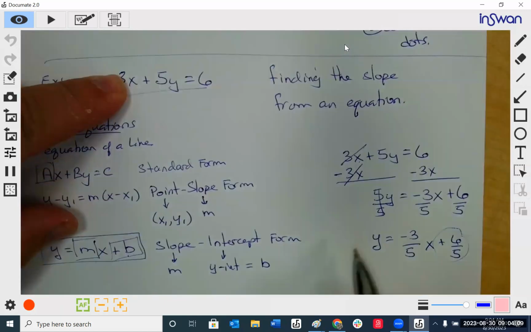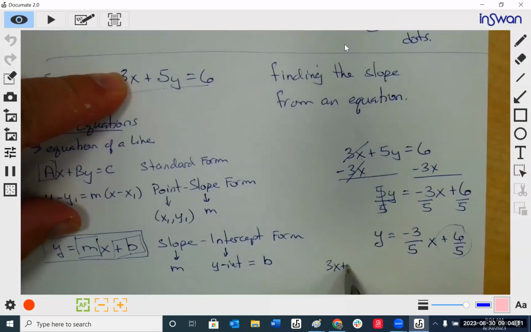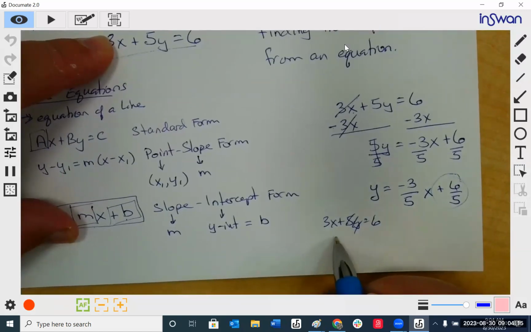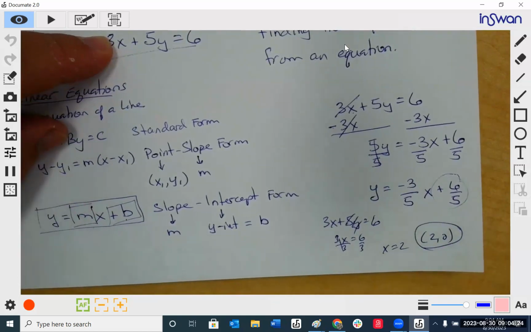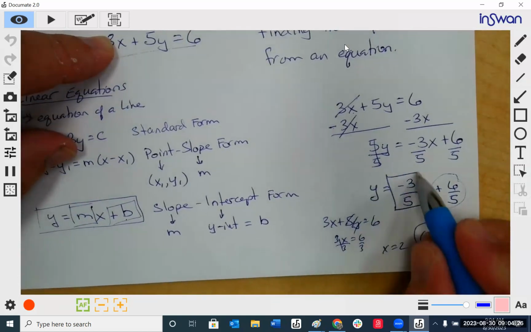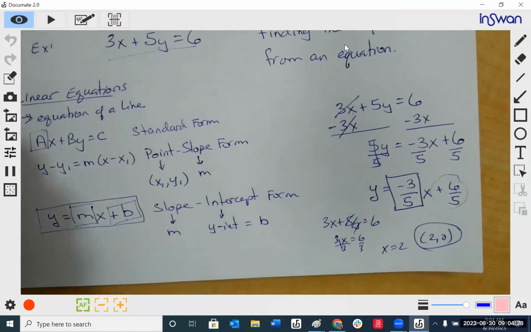Yeah, because for the x-intercept, get rid of the y and solve for x. X equals 2. So it's 2 comma 0. So we have a point and we have the slope. That's all we need to graph.